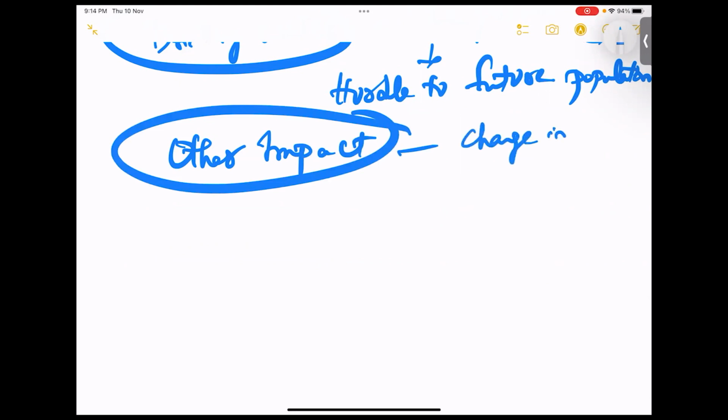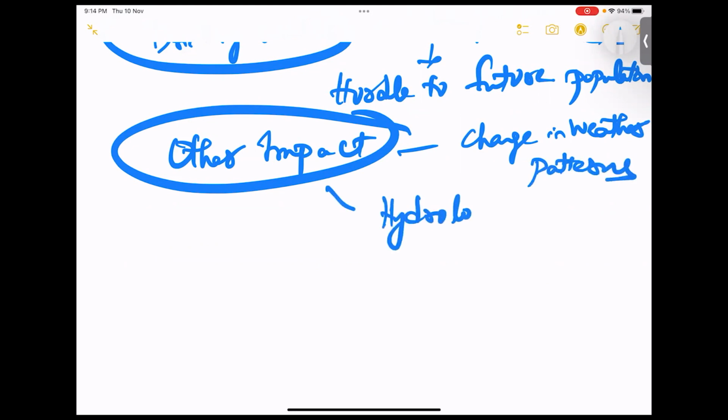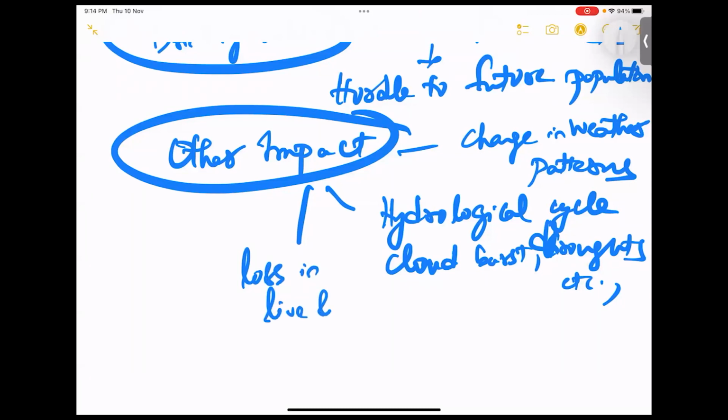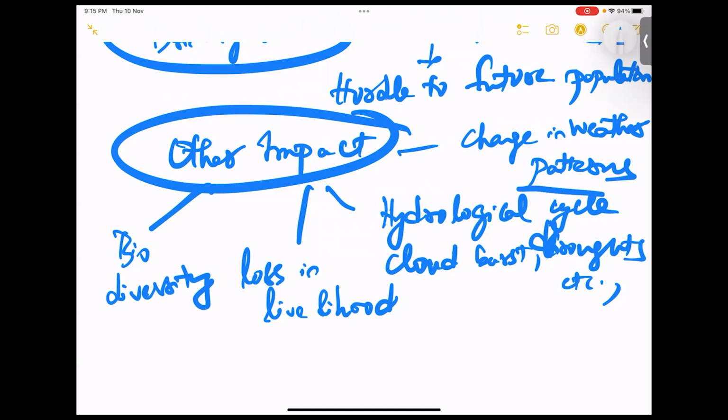Change in weather patterns, change in hydrological cycle, like cloud burst, flash floods, or whatever it is, and then droughts, etc. And then loss in livelihood, loss in biodiversity, and then change in weather patterns, which includes monsoon and other ways.